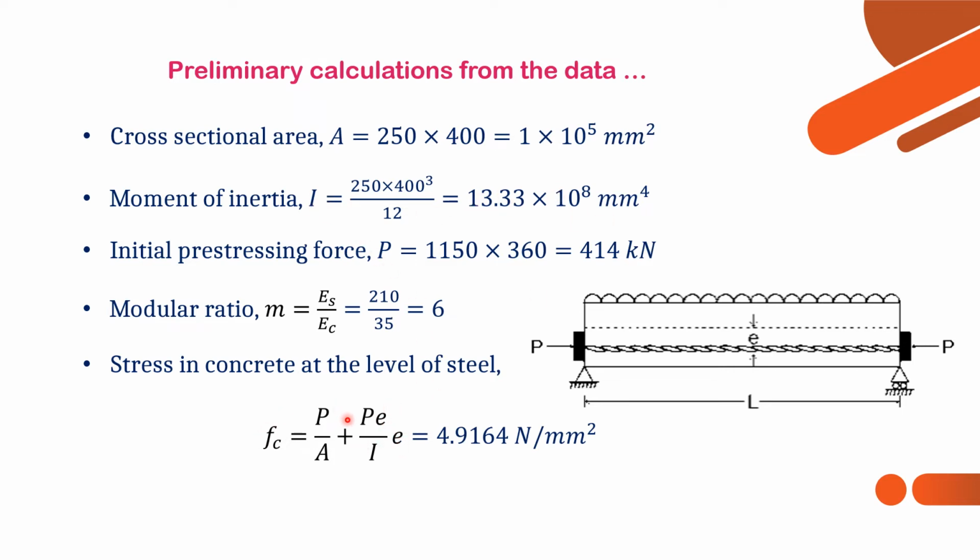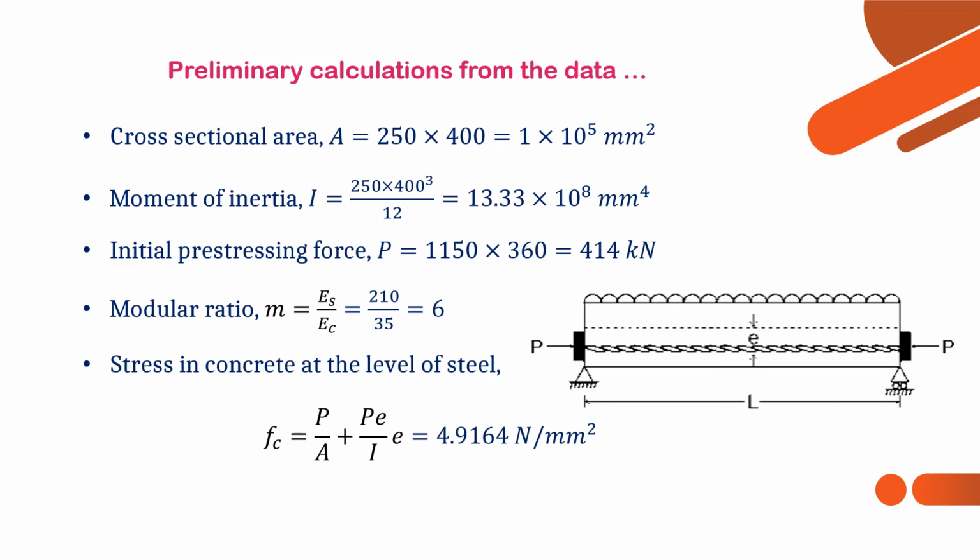P is the prestressing force, 414 kilonewton, and A is the area of the concrete beam, that is 215 into 400, that is 10 power 5 mm square. Upon substituting the values, we get Fc as 4.9164 Newton per mm square. That is nothing but the stress in concrete at the steel level.